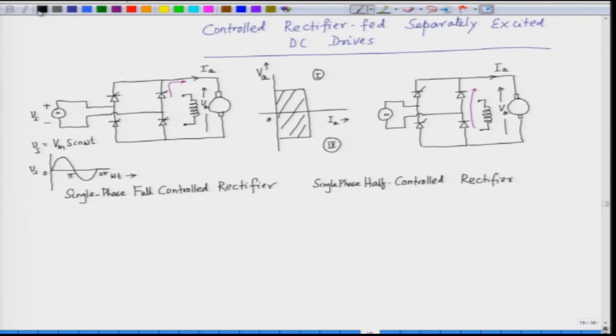So, if we plot the operation of this converter in the VI plane, VA is on the y axis and IA is on the x axis. The operation only happens in the first quadrant, because in this case the voltage can never be negative, and current of course cannot be negative because we have SCRs and diodes.